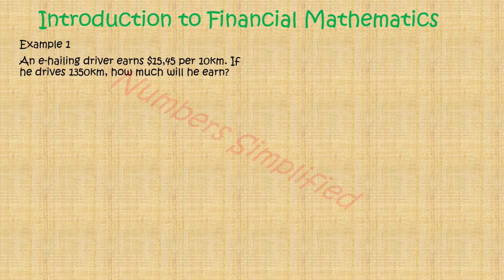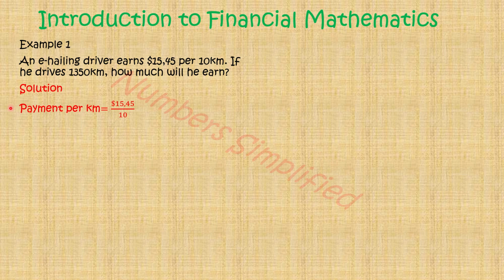With that information, we are going to look at example 1. An e-hailing driver earns $15.45 per 10 kilometers. If he drives 1,350 kilometers, how much will he earn? The solution.